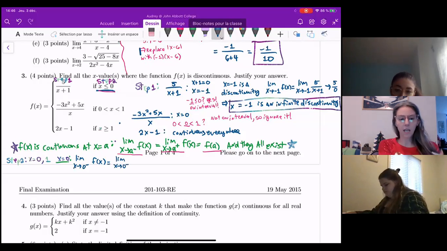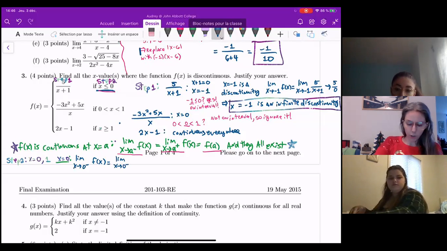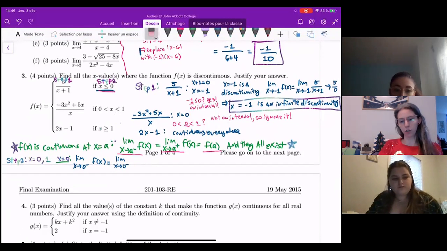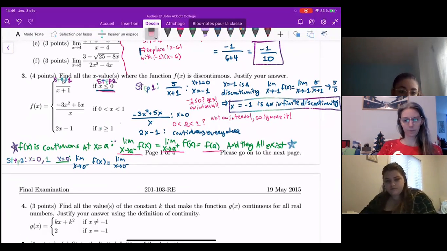Okay, I want you guys to take a second. Tell me privately in the chat, do I go to the first function, the second function, or the third function? Careful, I'm doing 0 from the left here.